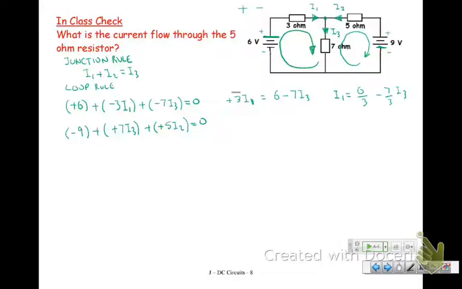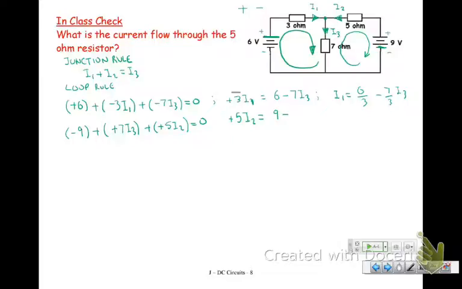And I strongly advise you to do it in 2 steps, because I can't tell you how many times people do that in their heads and get a mathematical error and just lose points for it. And then we go, okay, now I want to get I2 by itself, leave it alone, plus 5 I2 is equal to, okay, take the 9 to the other side, so that's 9.